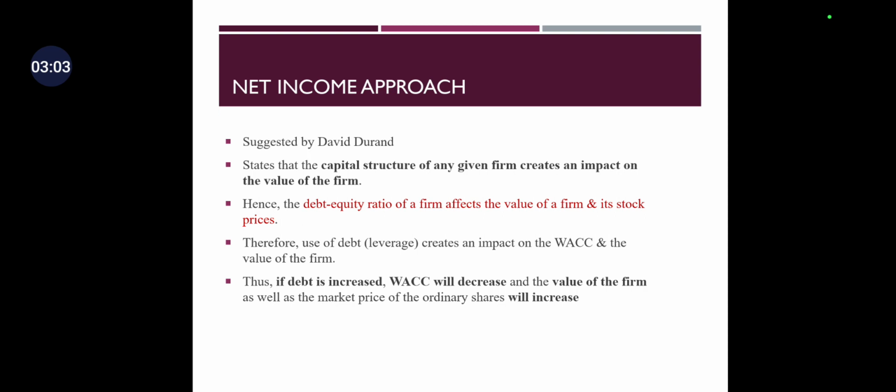Whenever your debt is increased, the overall cost of capital, which is nothing but the weighted average cost of capital, will decrease, and the value of the firm and the price per share will also increase. So that was the argument under the net income approach.